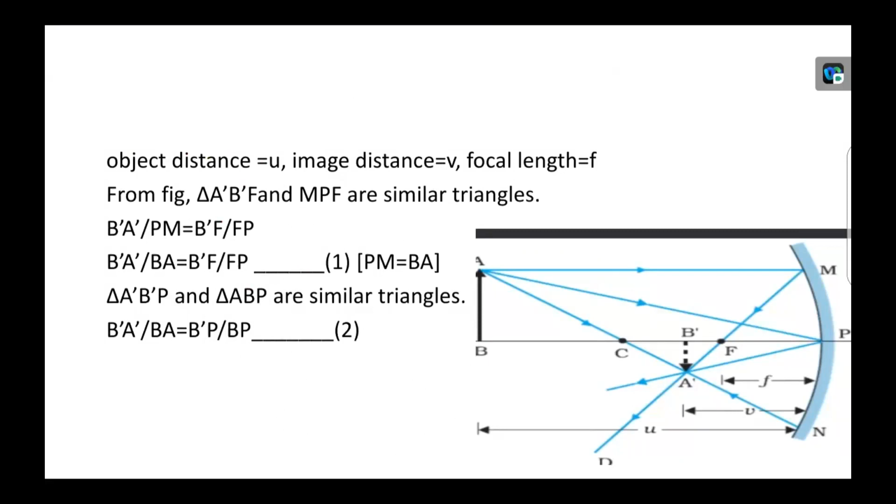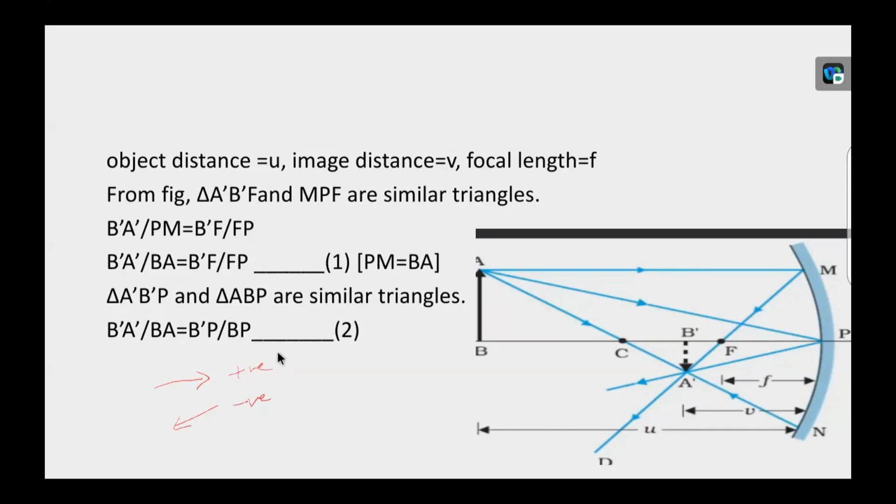If measured in the direction of the incident ray, we will take a positive sign. Opposite to the direction of the incident ray, we will take a negative sign, whether it is the focal length, radius of curvature, object distance or image distance.